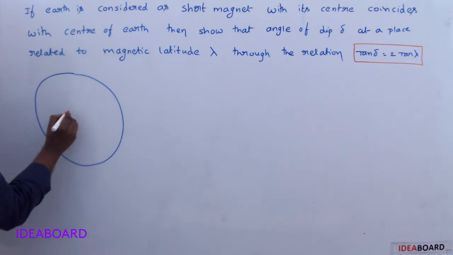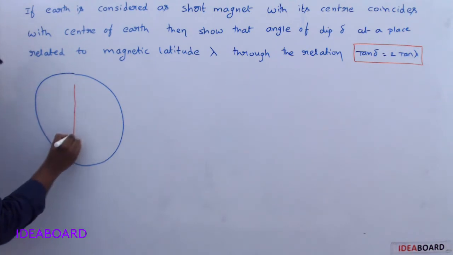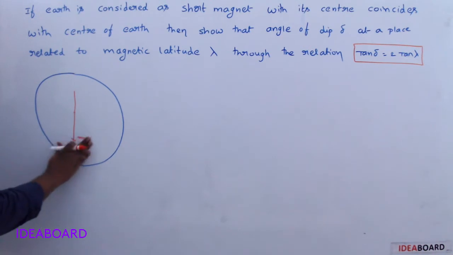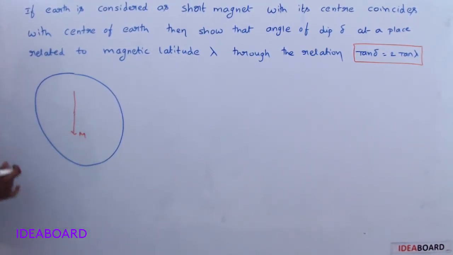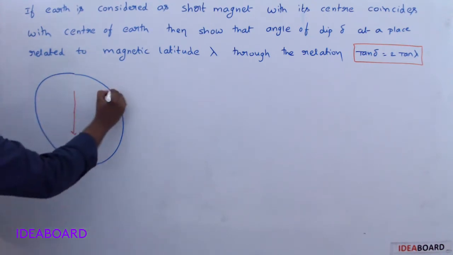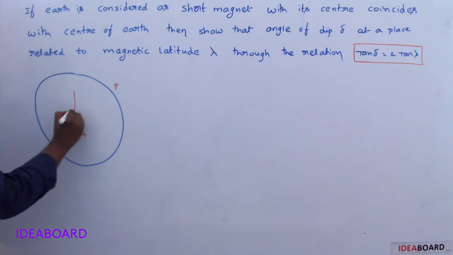So let us see, this is the center of the earth. Now I imagine a short bar magnet with some magnetic moment. I consider one point P on the surface of the earth.